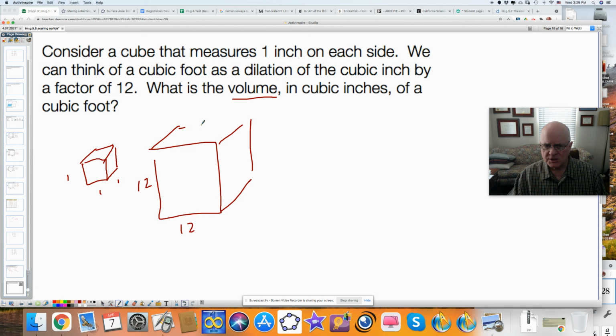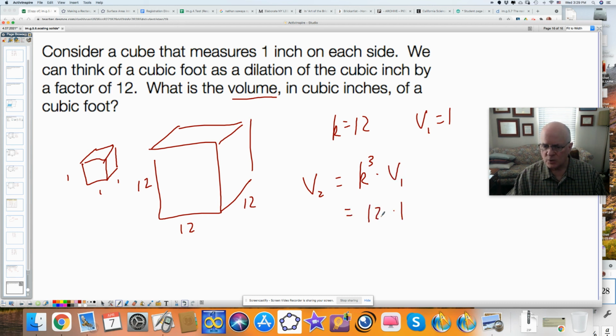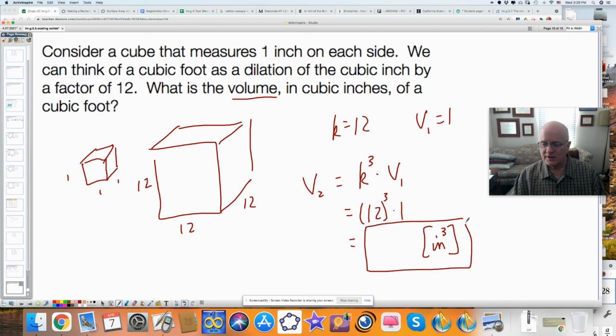Our scale factor is going to be 12, and our initial volume is going to be 1. So what is our volume going to be? It's k cubed times the volume 1. So 1 times 12 cubed is going to give me my answer, in inches cubed. And I'll let you put that in the calculator.